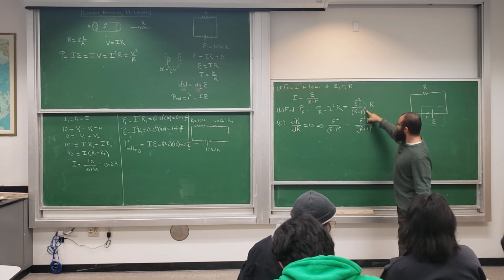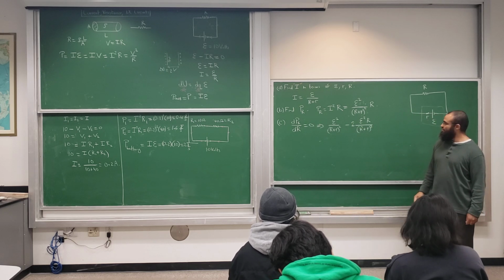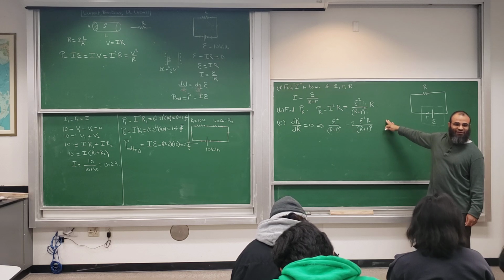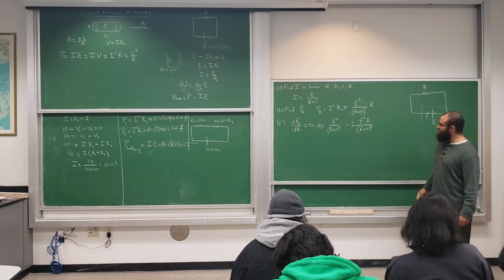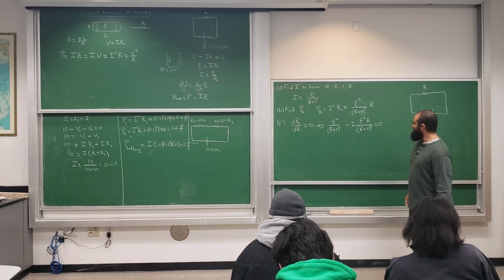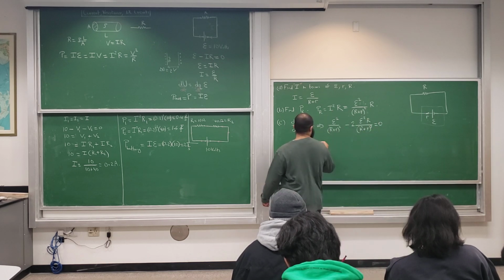It's to the minus 2, so minus 2 comes down. Right? I just took the derivative, so just slowly take the derivative. And then you set that equal to 0, and move this to the other side.